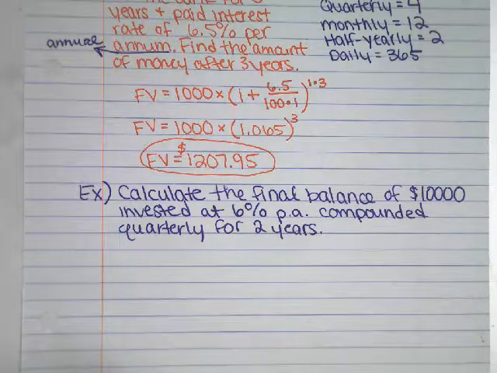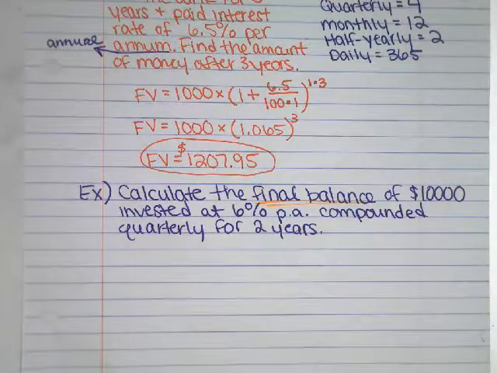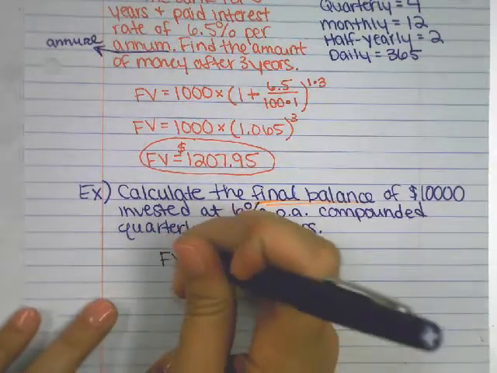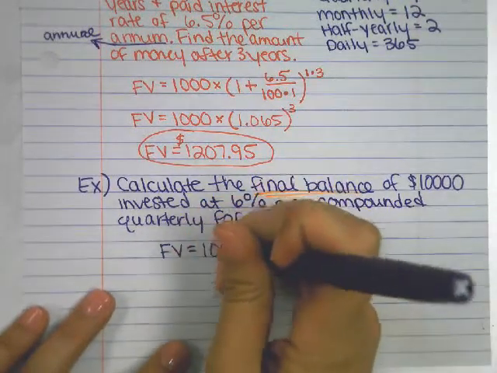That's going to be per annum, per year, per annual, however you think about it, compounded quarterly for 2 years. So we're going to plug in everything we know. We are trying to find the final balance, so we're trying to find our future value, final value, however you want to think about that, FV. Our present value is the amount of money we begin with, which is our $10,000.